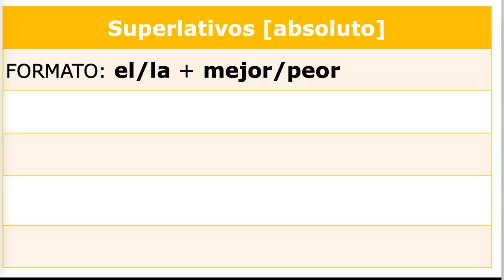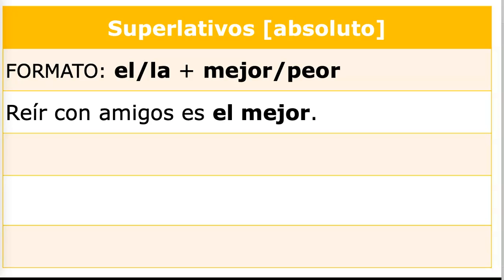Now, if we're just saying the best or the worst without a noun or an adjective, we're just going to use el mejor or la peor. Reír con amigos es el mejor. And notice I'm using a verb as the subject.